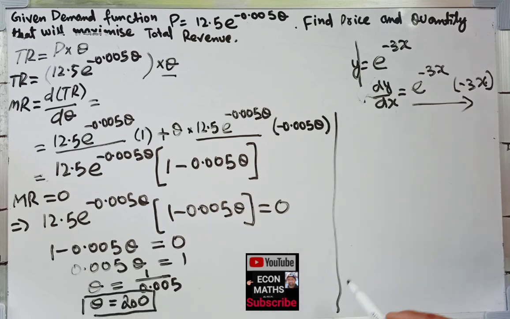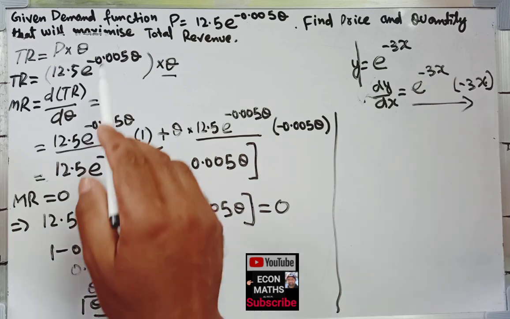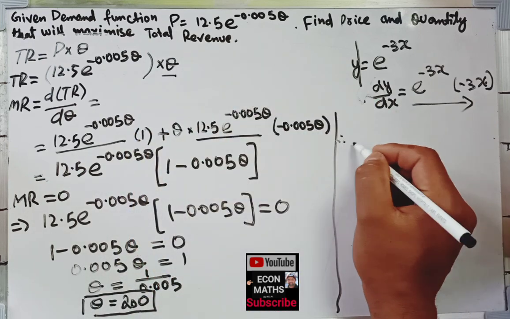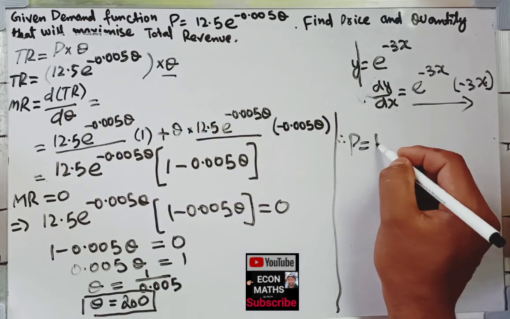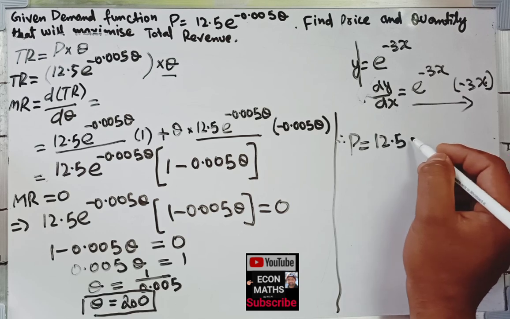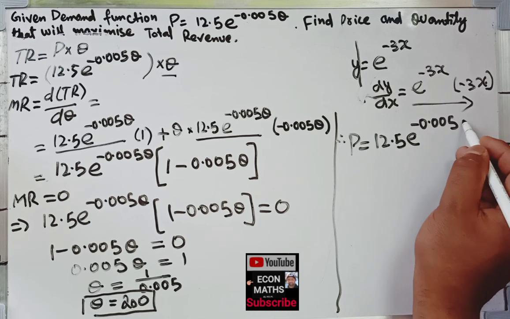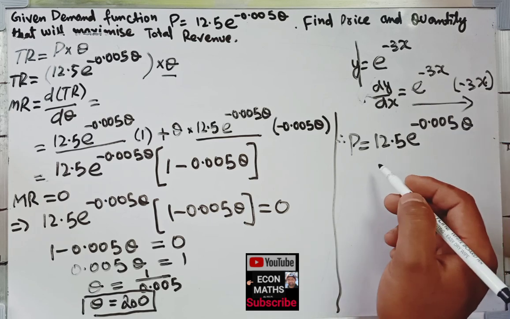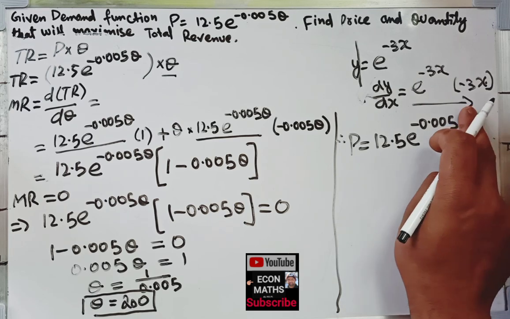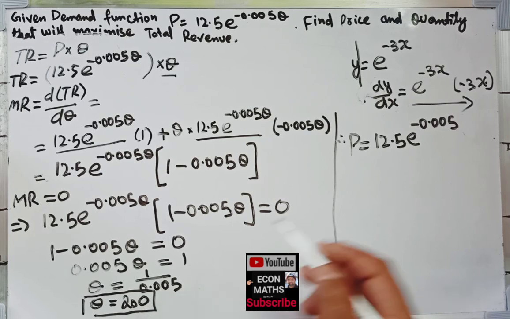Now to find the equilibrium price, we put the value of q in the price function. Therefore p = 12.5 e^(-0.005q), and in place of q I write 200.